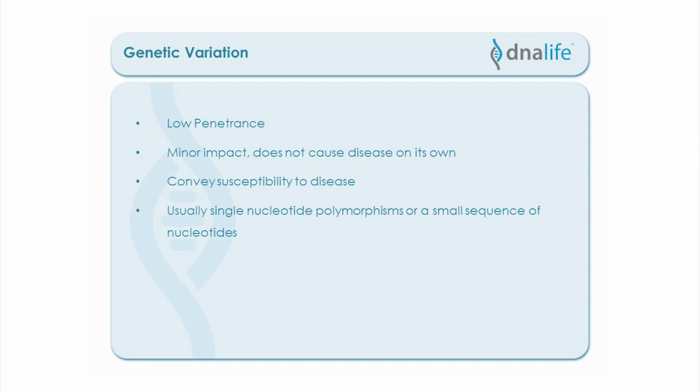That susceptibility, in combination with the environment, will determine whether the characteristic ultimately manifests. These are most often in the form of single nucleotide polymorphisms, or as they're more commonly known, SNPs.